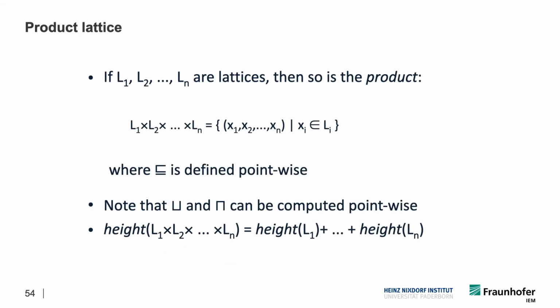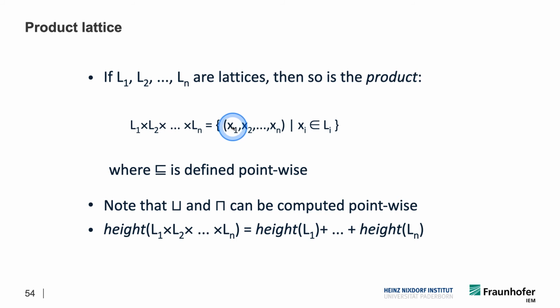Also very common is a so-called product lattice. So also here we assume that we already have lattices L1 to Ln, let's say. And then you can have a product lattice out of this. So you're simply constructing a Cartesian product. So it means you're forming a new lattice whose elements are tuples, n-tuples in this case.